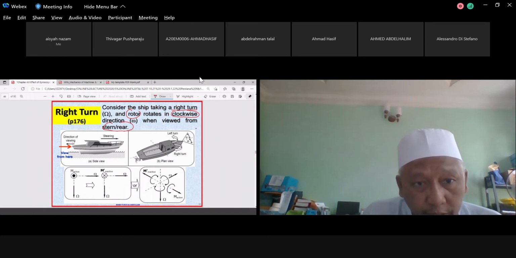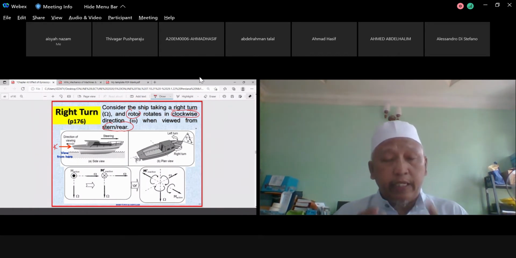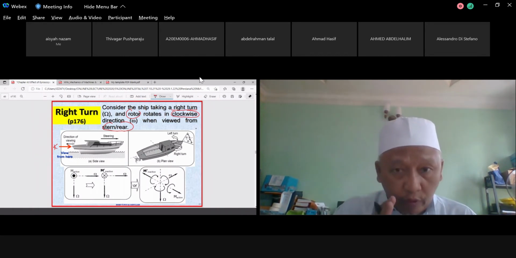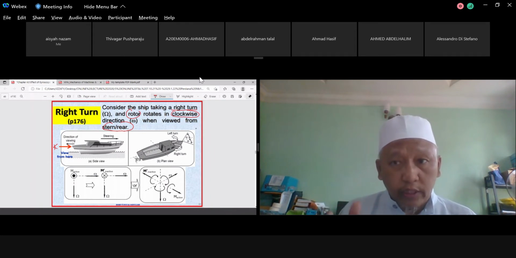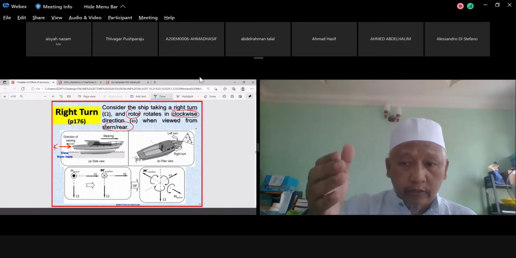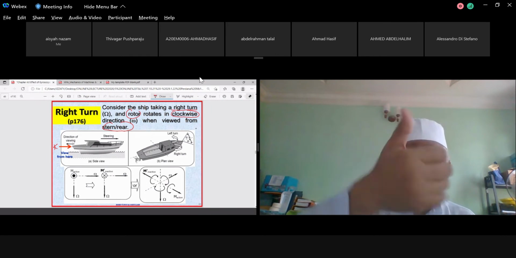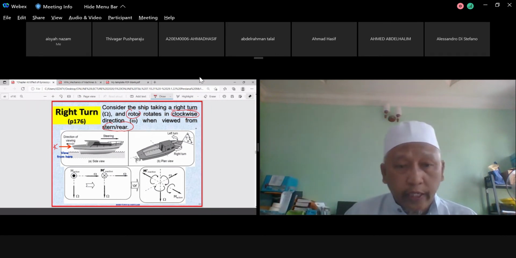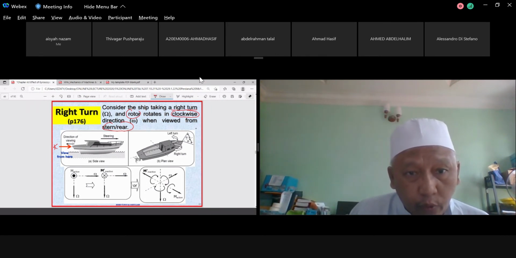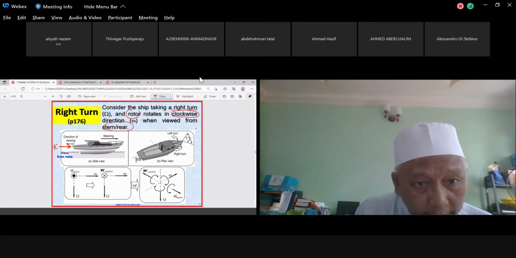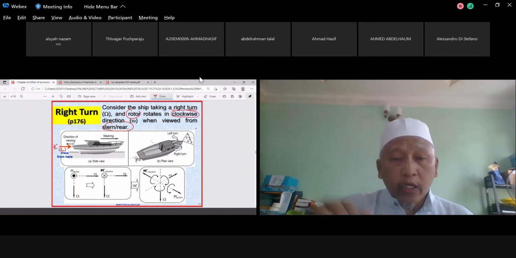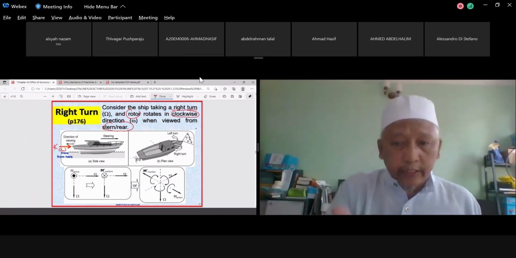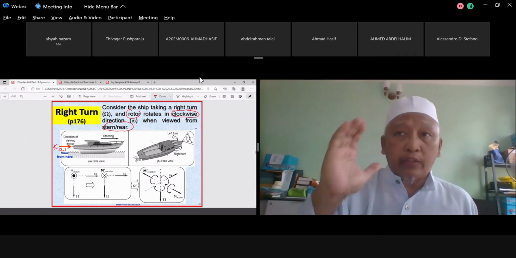They will provide you this, either view from stern or view from bow. Basically, your eyes are here, and the ship is pointing upward, moving forward, and it also turns to the right. Sorry, this is left, this is right. As you are viewing the rotor rotating clockwise from here, this is clockwise, this is counterclockwise.